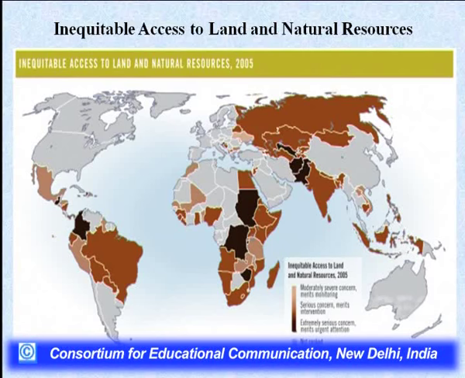We can also see inequitable access to land and natural resources. Globally, in the Asian region, the African region, and the South American region, inequitable access to land and natural resources is leading to different kinds of conflict.